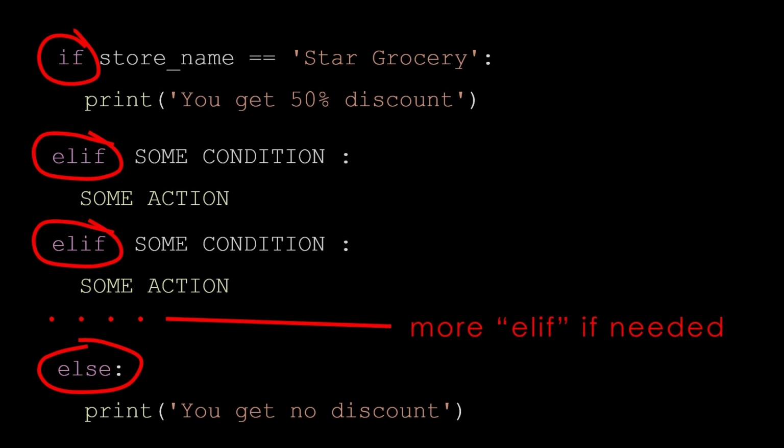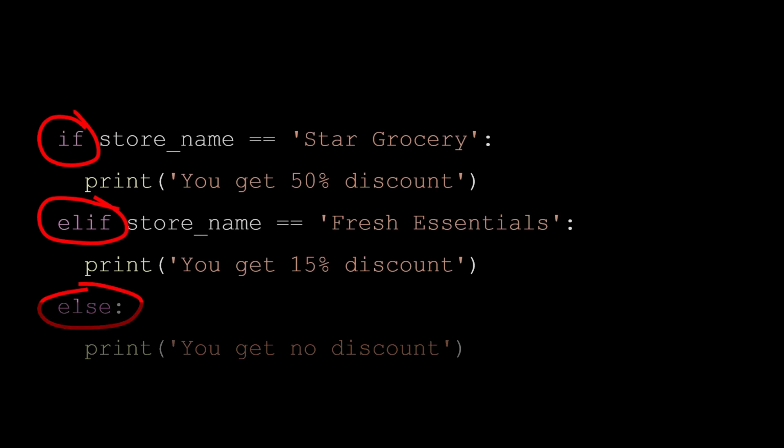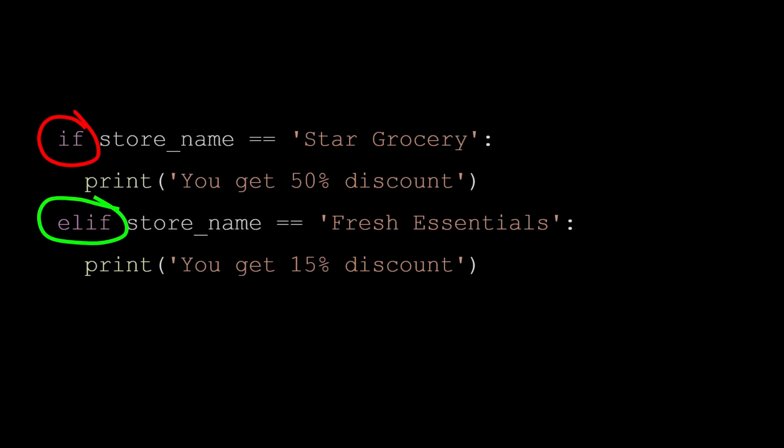That's why it doesn't have any condition associated with it. Despite this, ending a decision block with else is not mandatory. We can alternately use an elif to end a decision block as well. But if we use an else, then it must be the last decision block.